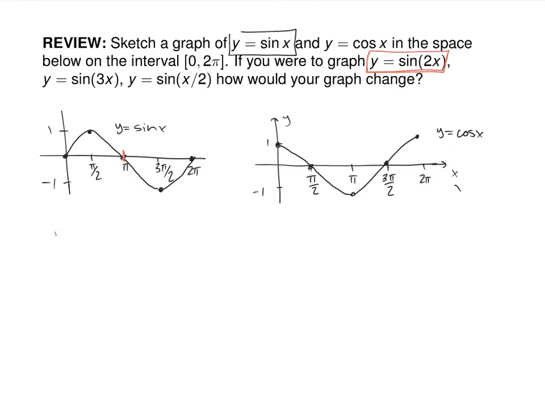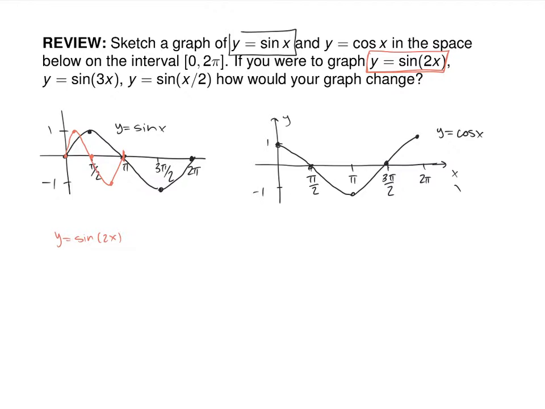If I was graphing sin(2x), it starts at 0, but at π/4 it's up at 1. At π/2 it's at 0, at 3π/4 it's at -1, and then back up to 0. The kicker is it does two oscillations in 0 to 2π.